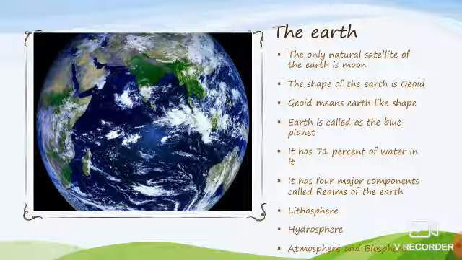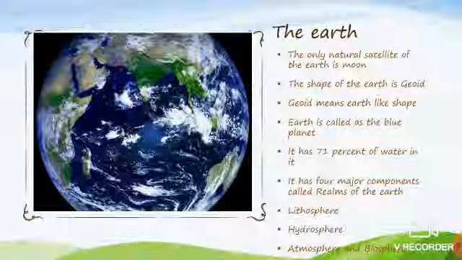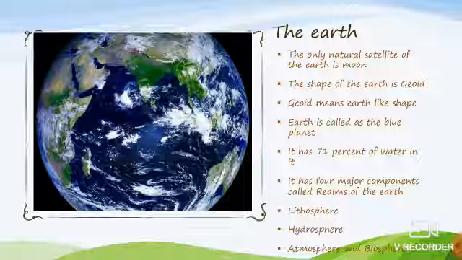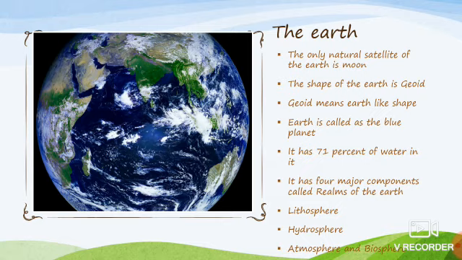Plants prepare their food in the presence of sunlight with the help of water and air. This process is called photosynthesis, as you have studied in your science. Animals too require water to quench their thirst, air to breathe, and sunlight to escape from harmful bacteria.